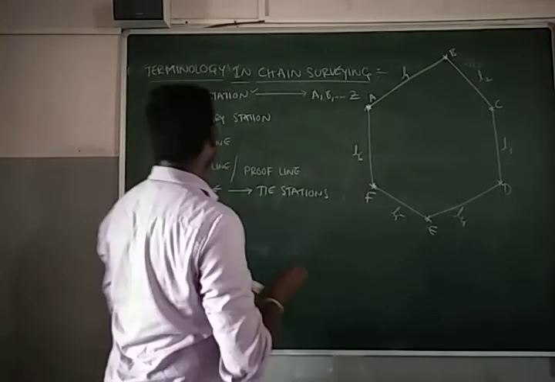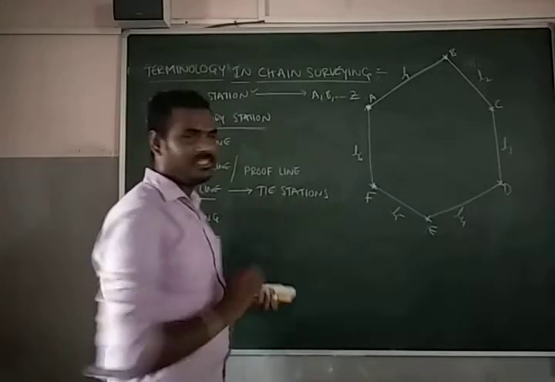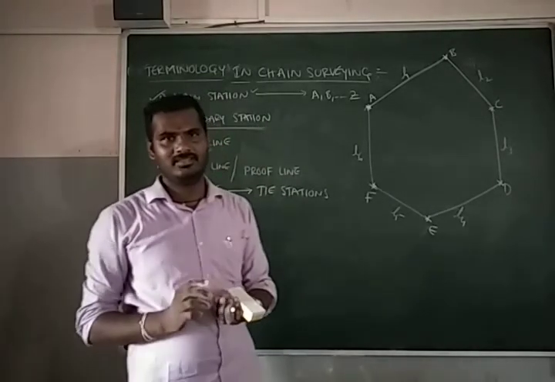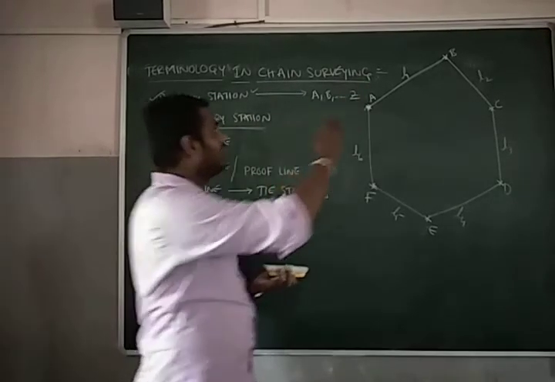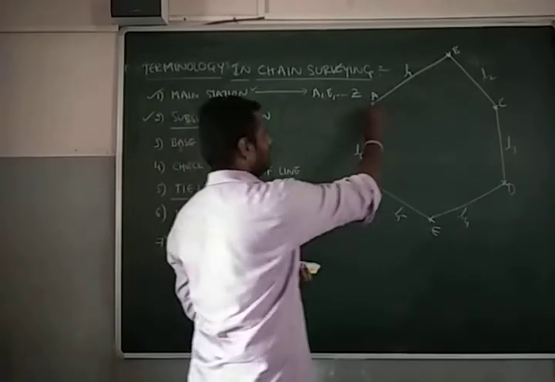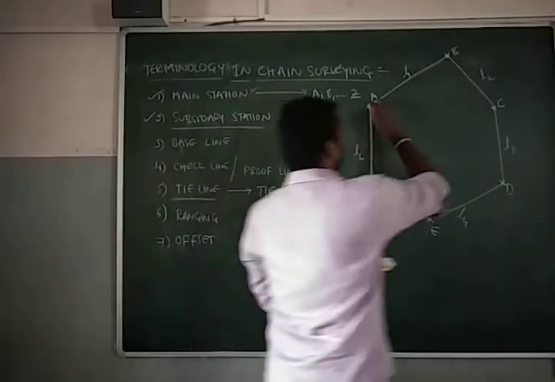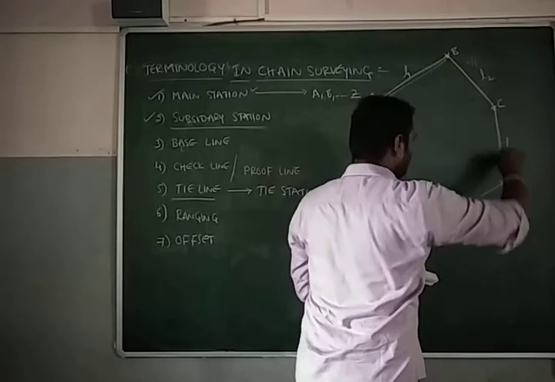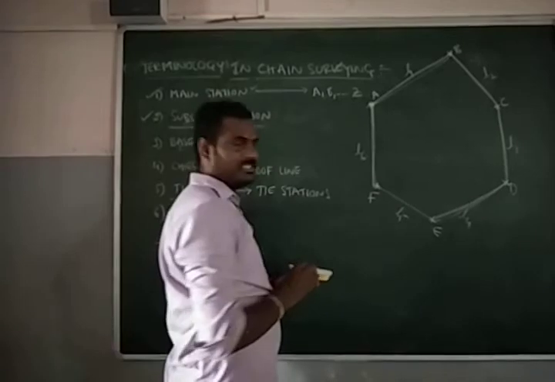Now we will see what is a subsidiary station. A subsidiary station is one which is located on the lines connecting the main stations. Any station that is located over a line connecting main stations is known as a subsidiary station.